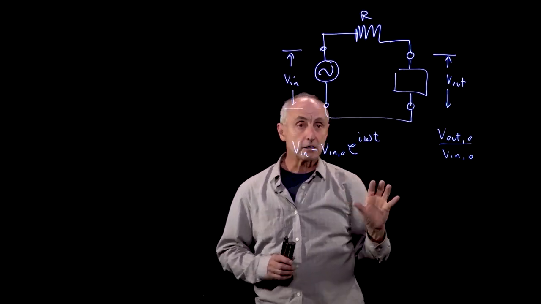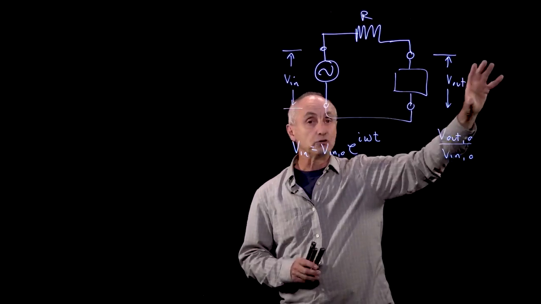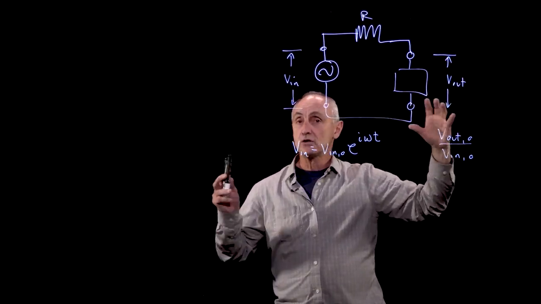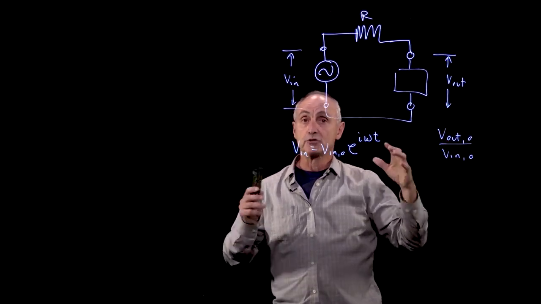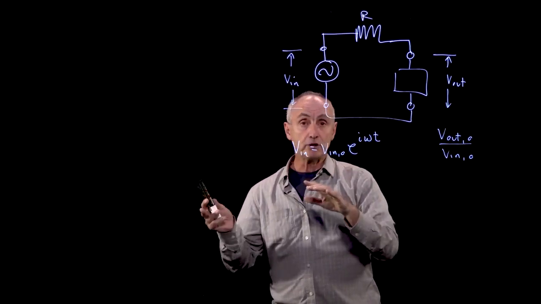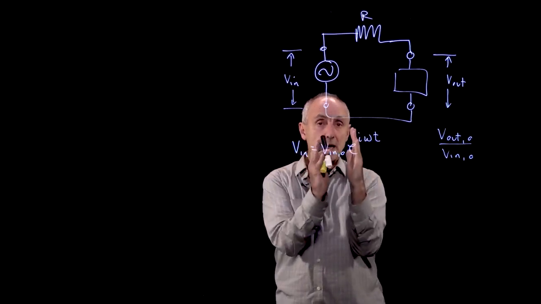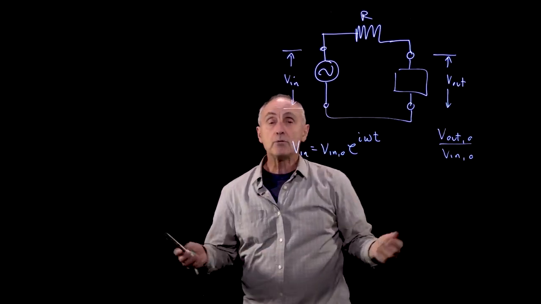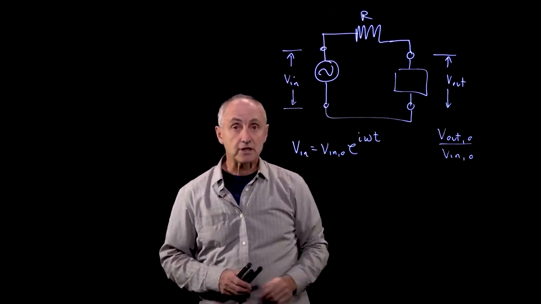What we would like is that our output voltage can filter out certain of those frequencies, filter out the high frequencies that are input, maybe filter out the low frequencies, or only let a band of frequencies pass through. How can we analyze that and design a circuit that will do that?